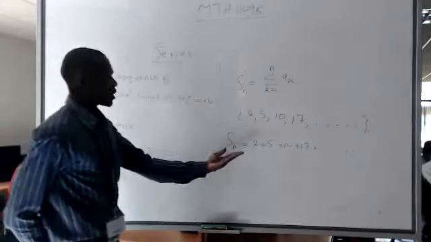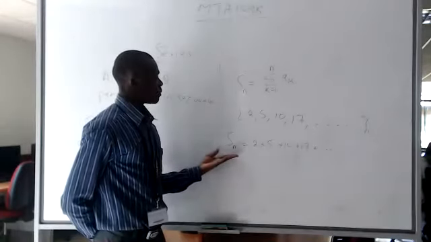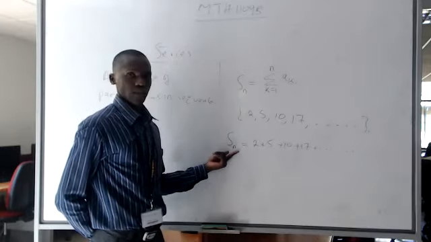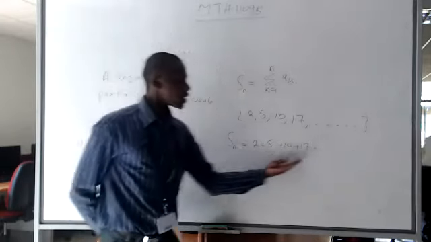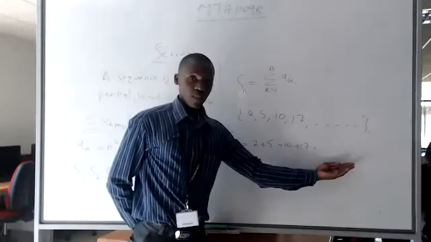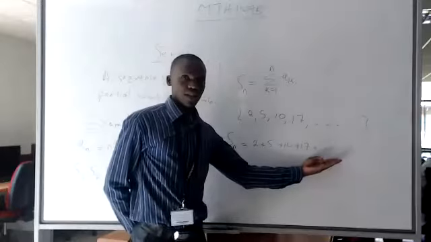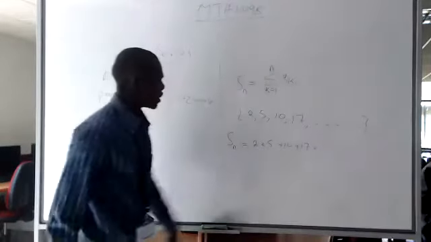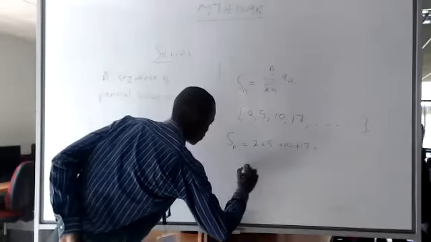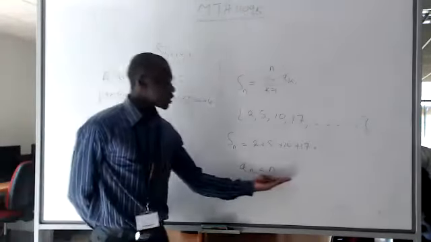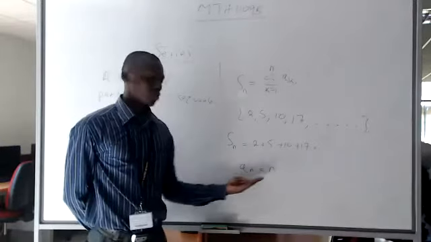I said in some cases this series may converge, so you can end up getting some finite number. It may not go to infinity, but in most cases it will diverge and you will end up getting an infinite sum. For example, if I give you the sequence of natural numbers where a_n is n, we have infinitely many natural numbers.